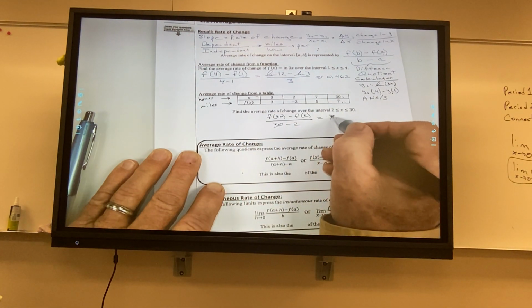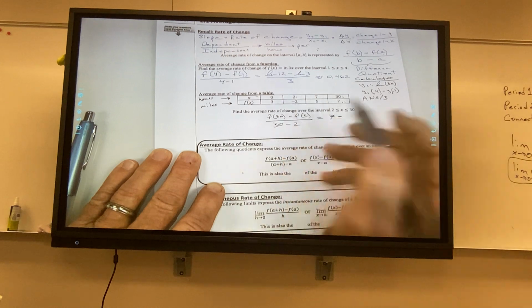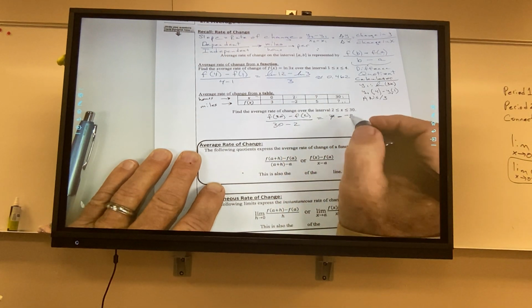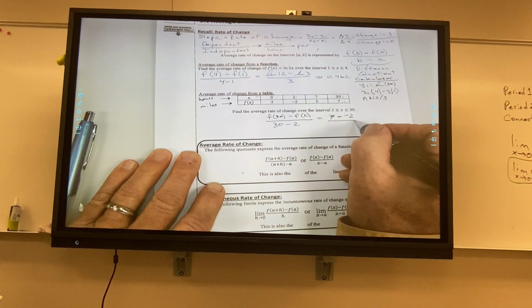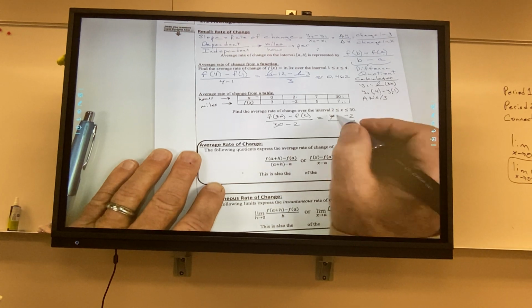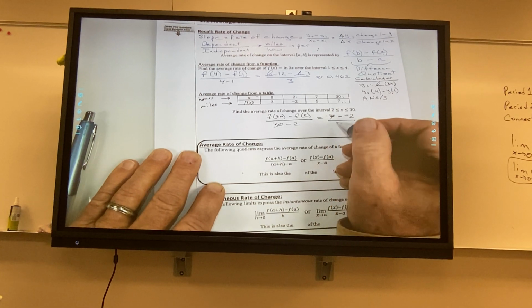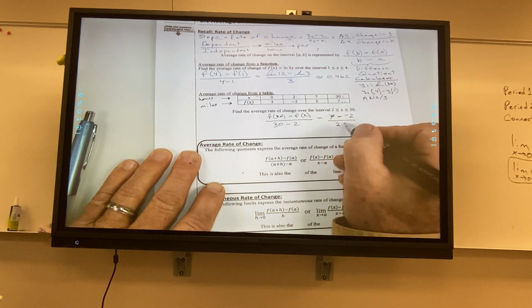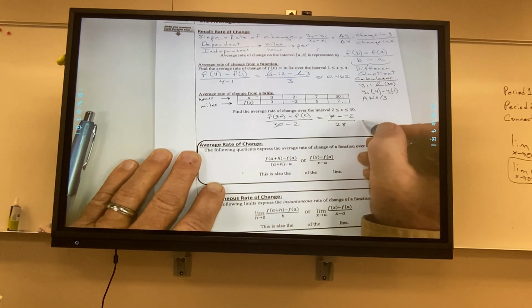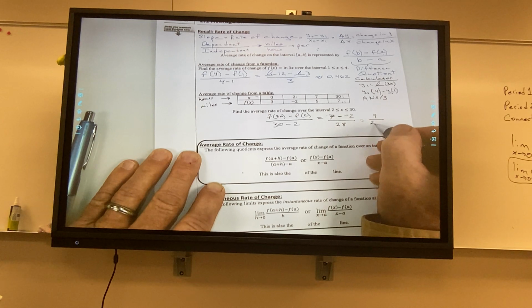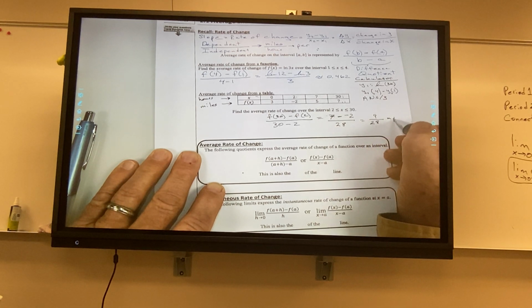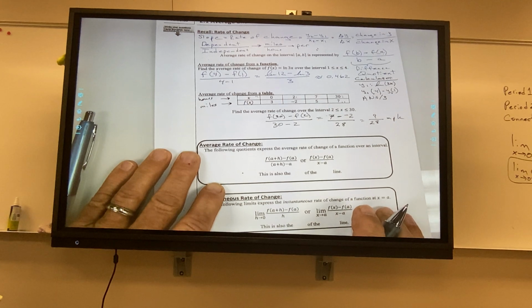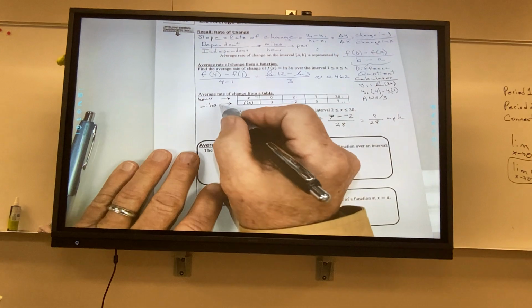So it's going to be 7 minus, over here's 2, and I have a negative 2, divided by 30 minus 2, which is 28, and I get 9 over 28 miles per hour. You give MPH. Miles is on top, hours are on the bottom.